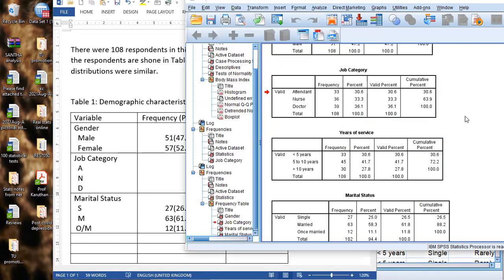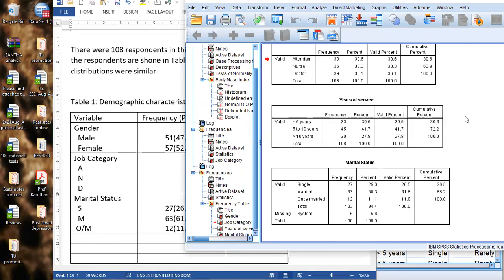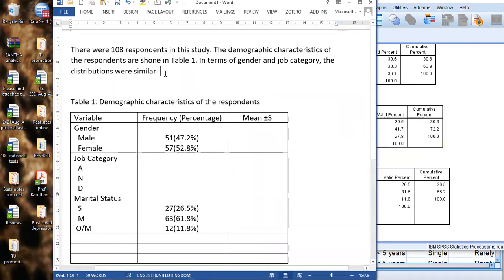Okay, now let's talk about years of service. The majority, are they like 5 to 10 years of service? Yes. How many percent? 41.7% of the respondents have 5 to 10 years of service.